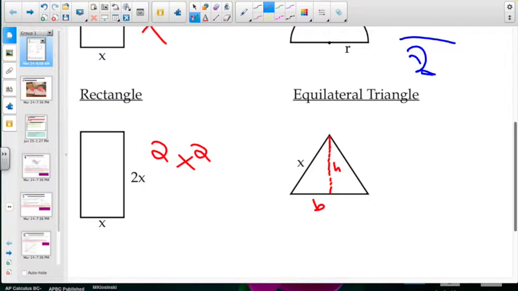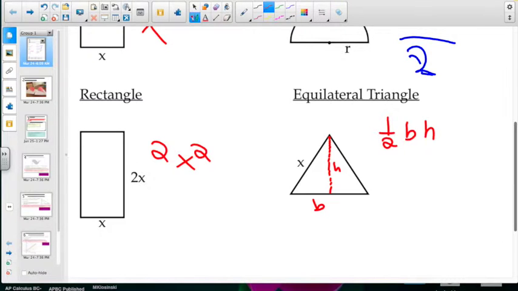Right, we know the base is x. How do we find our height though? It's a 30, 60, 90 triangle. It's two of them, back to back. So we have to do a little Pythagorean theorem here.